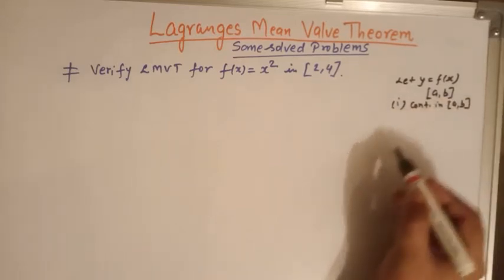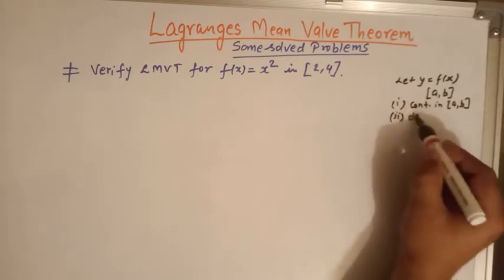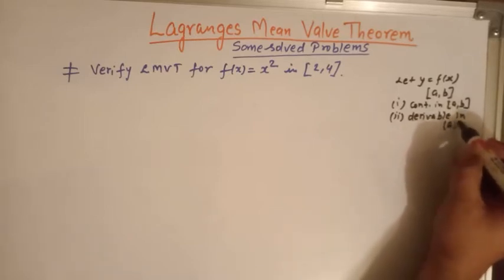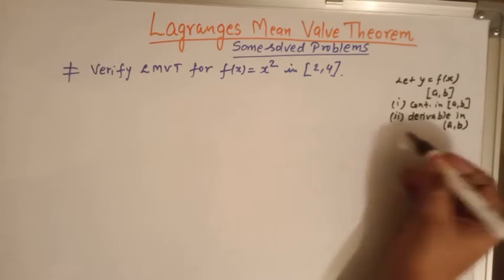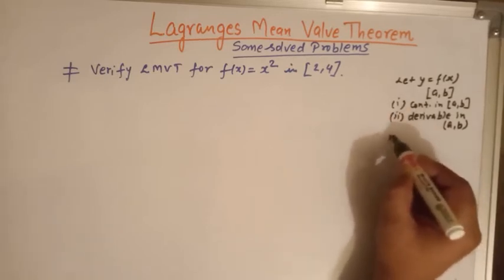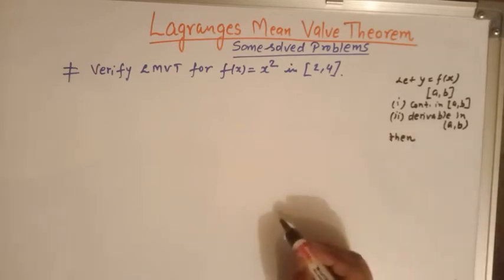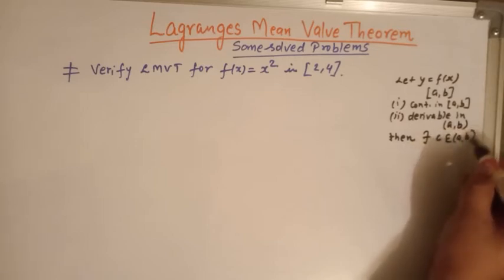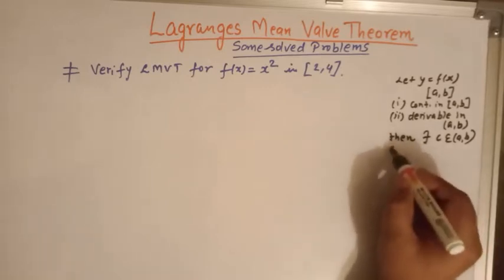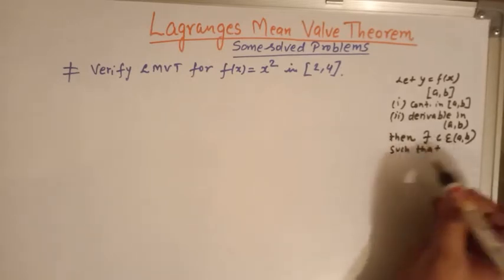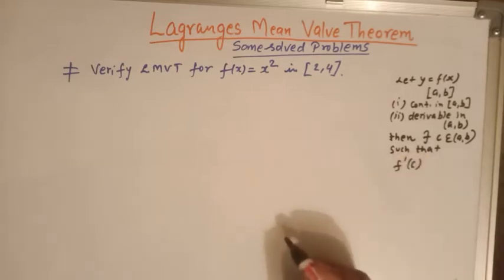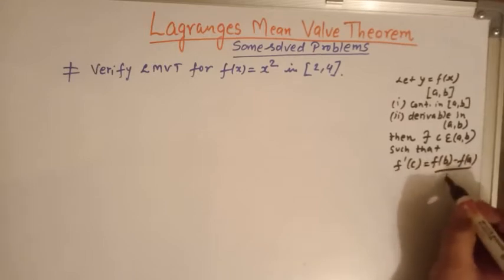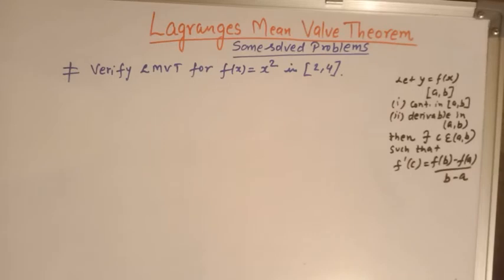interval [a, b], and it is derivable in the open interval (a, b), then there exists a value c which belongs to this open interval (a, b) such that f prime of c is equal to (f(b) minus f(a)) over (b minus a).